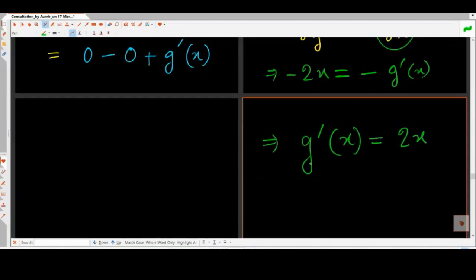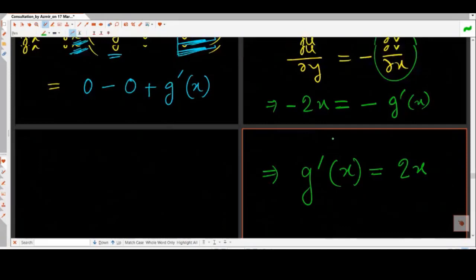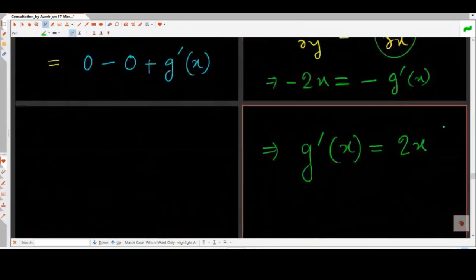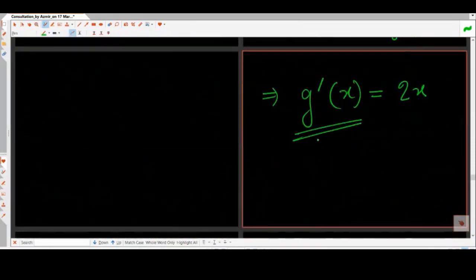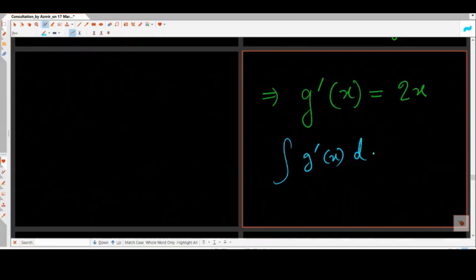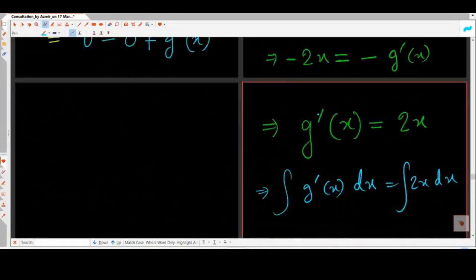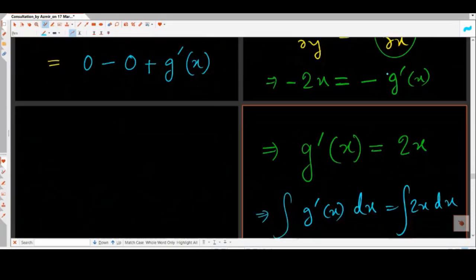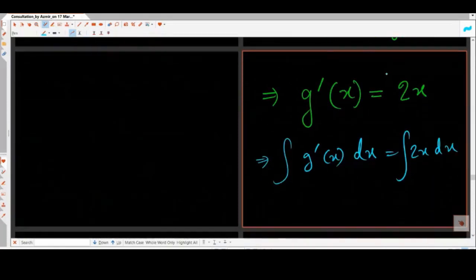Finally, to find this unknown g of x, we have to integrate g prime of x. So let's integrate g prime of x in terms of x. On both sides, we are integrating in terms of x. Remember, whatever function we have here is only for x. So this time, we can think about a constant as a real number.